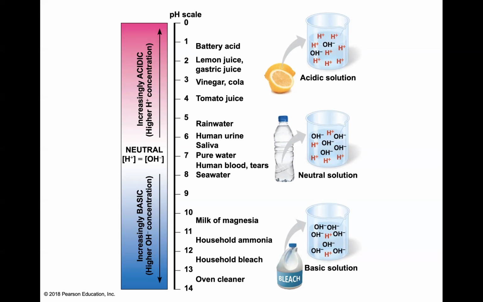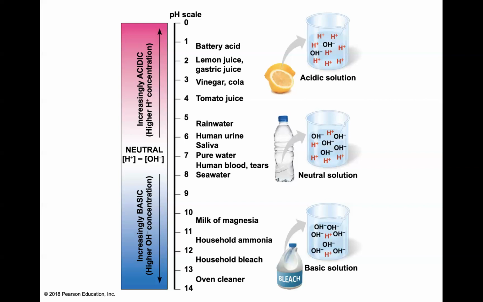Okay, so the lower end of the pH scale, from 0 to about 5 or 6, we have the acidic solutions. Okay, so examples of acidic solutions are lemon juice, vinegar, rainwater, battery acid. These are all acids. Okay, these are all solutions that are going to typically have an acidic pH below 7.